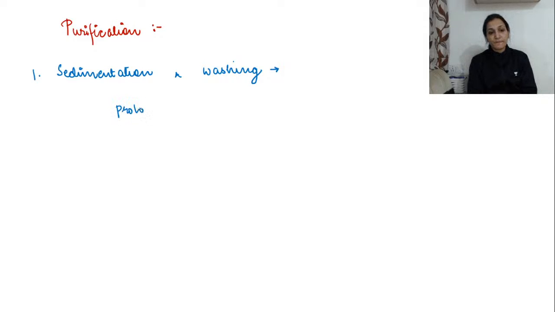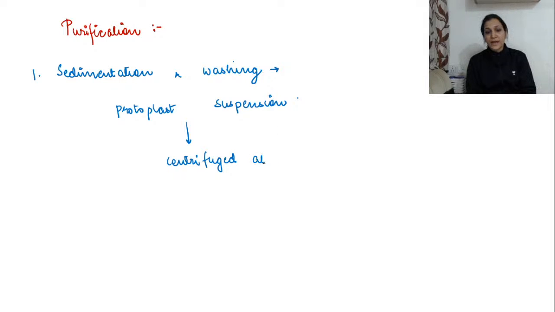So the protoplast suspension, all the protoplast which we have obtained in the suspension form, is centrifuged at low speed, 50 to 100 g for 5 minutes.